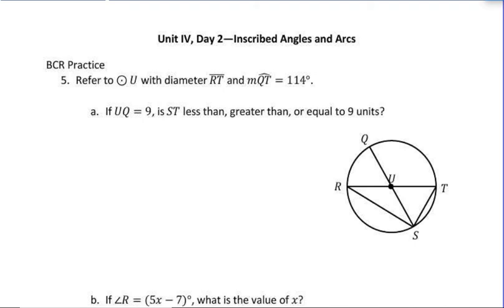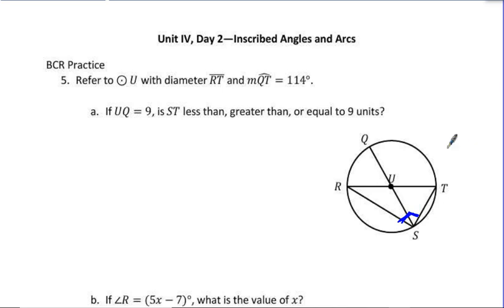The final practice question in this video is very similar to extended response, a BCR type question, where there's multiple parts to pay attention to. We're going to be looking at circle U for this question. It has a diameter RT, and that tells us that angle RST is 90 degrees.